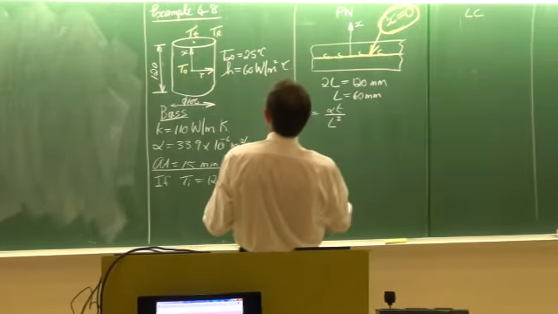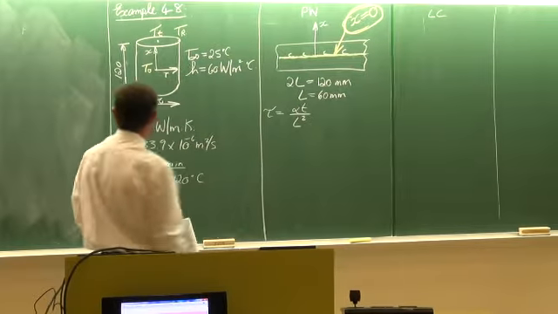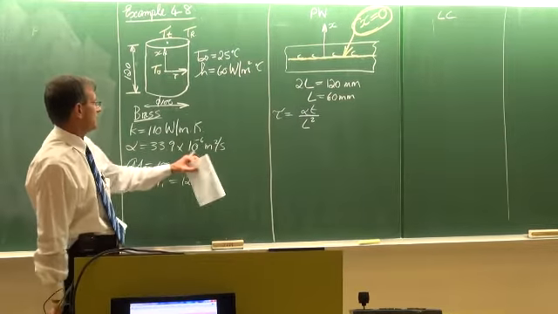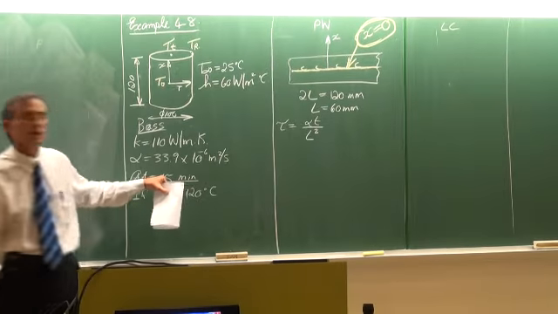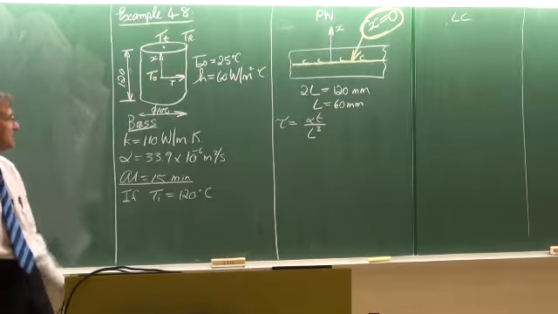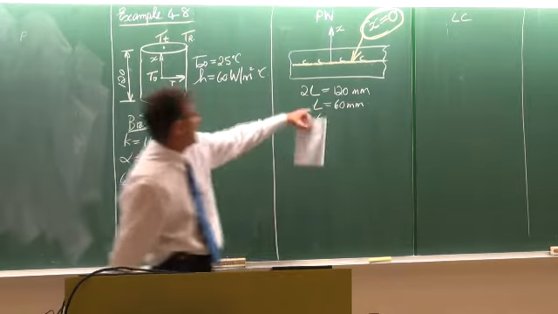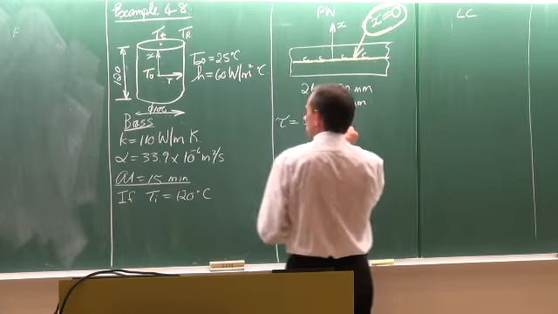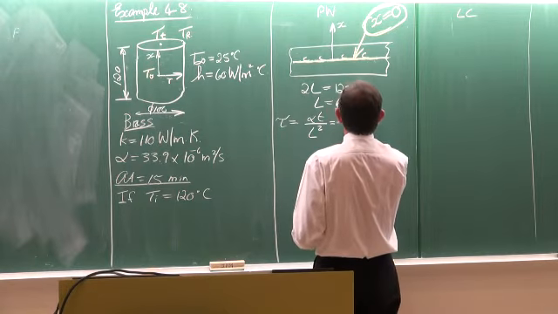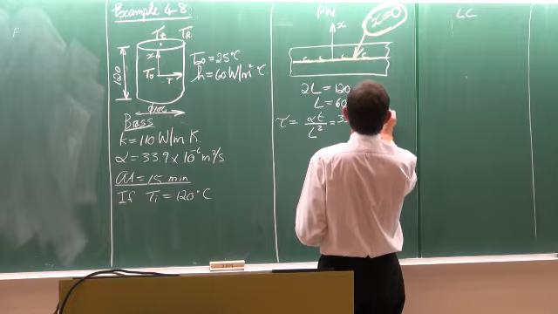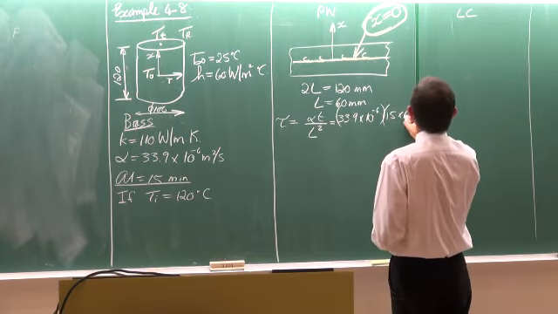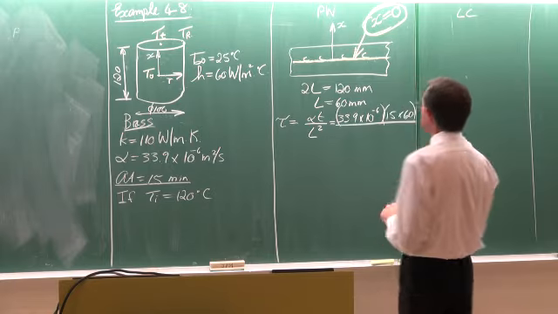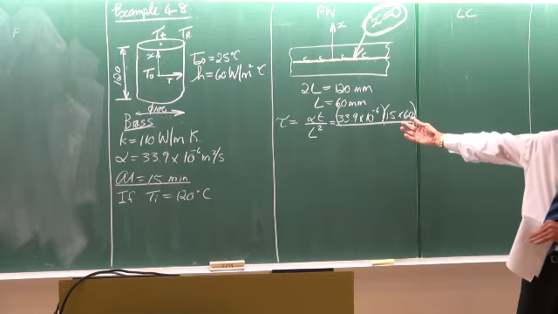Now alpha is 33.9 multiplied by 10 to the minus 6, t is 15 minutes multiplied by 60, and L we have. Let's calculate it. It is 33.9 multiplied by 10 to the minus 6. 15 minutes multiplied by 60 seconds is 900 seconds.